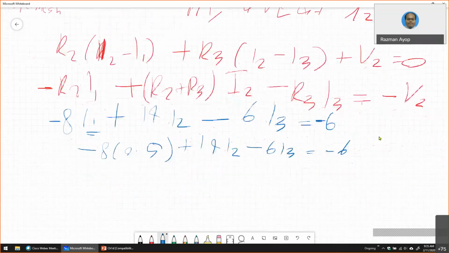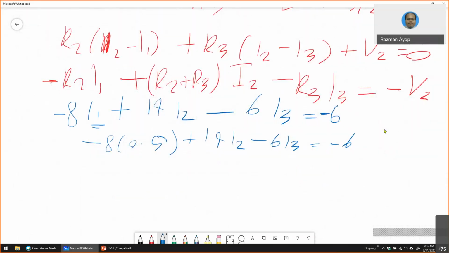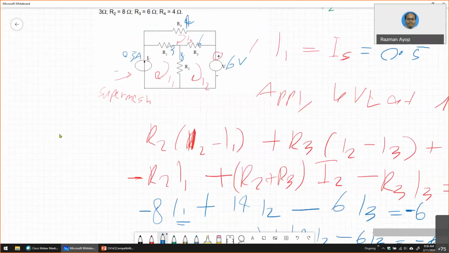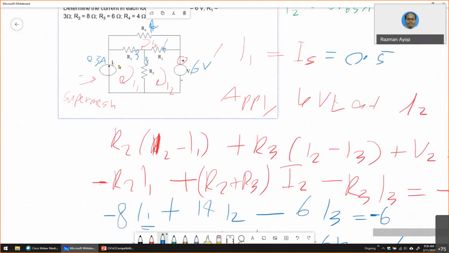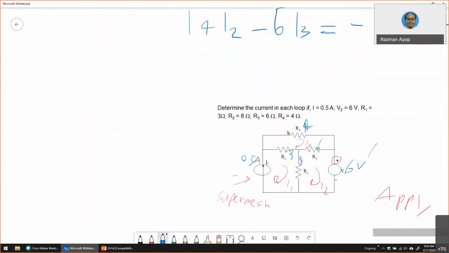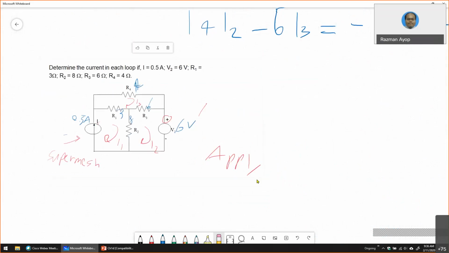Simplify this: 14 I2 minus 6 I3 equals to negative 6 plus 4, negative 2. This is the first simultaneous equation. Then you do the third loop.